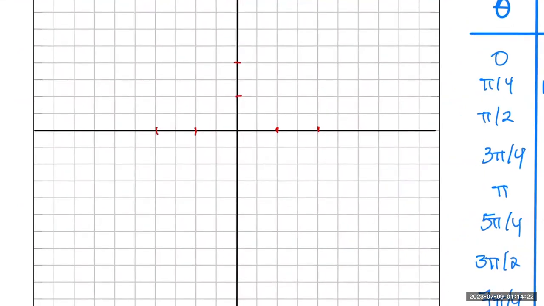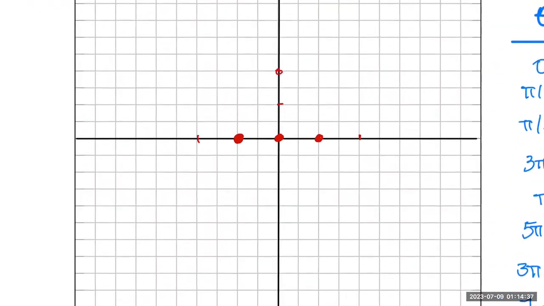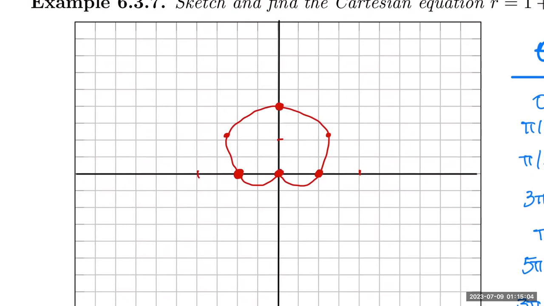So we have a point at 1, a point at 0, a point at 1 here as well, and a point at 2 as well. So what this should look like so far is like this. And then we might have an extra point somewhere over here. So this is the graph that we should get. This graph is called a cardioid.